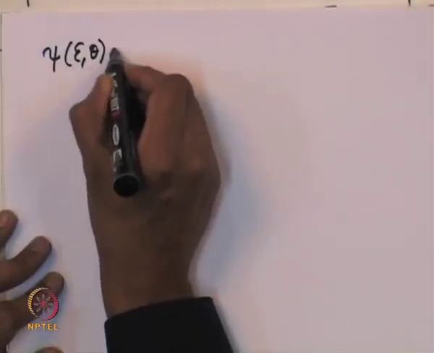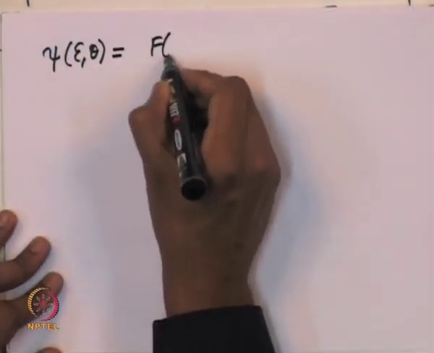So, now we can rewrite this as psi of epsilon comma theta, which is equal to f of epsilon comma theta.